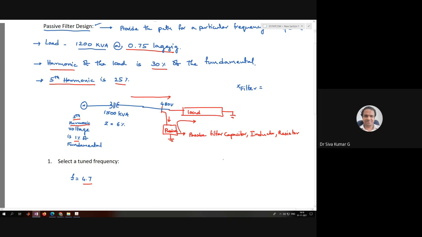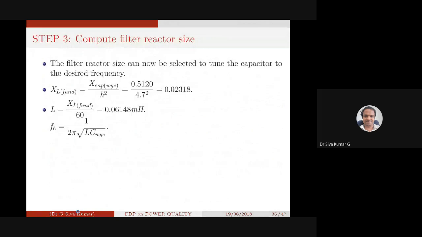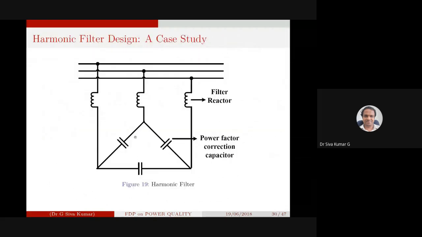The filter is a single tuned filter, which we are going to design to eliminate the fifth harmonic. If you look at the combination with respect to the three phase, just a minute, we'll go back. Yeah, this is the kind of combination. We're going to design a filter to eliminate the fifth harmonic as well as for power factor correction.